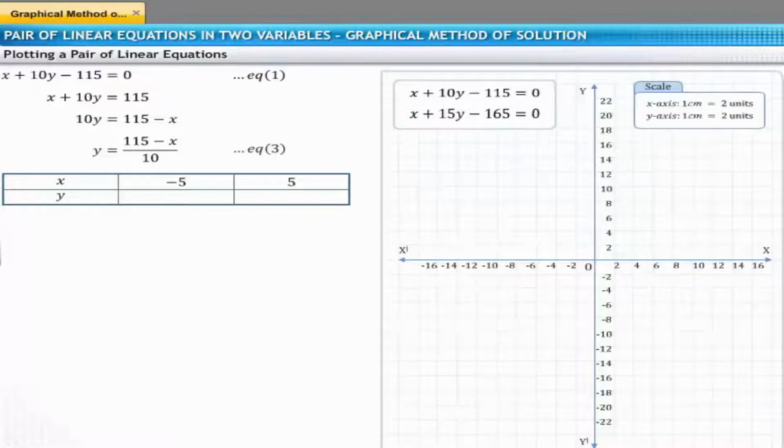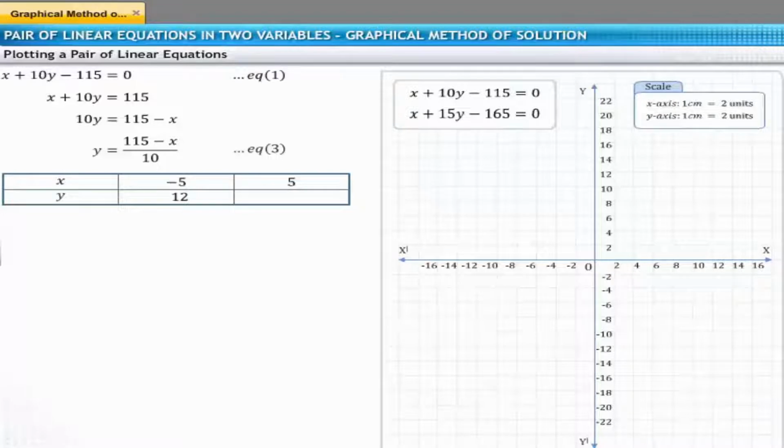You must be wondering why we have chosen these values. Adding and subtracting 5 will make the numerator divisible by the denominator. So, you will have to do a little bit of analysis before deciding the values you want to substitute. Let's substitute -5 for x in the equation and solve it. The value obtained for y is 12.